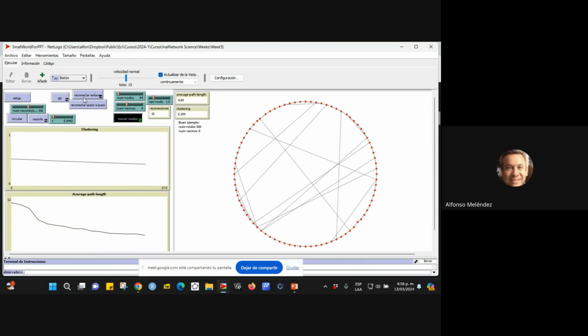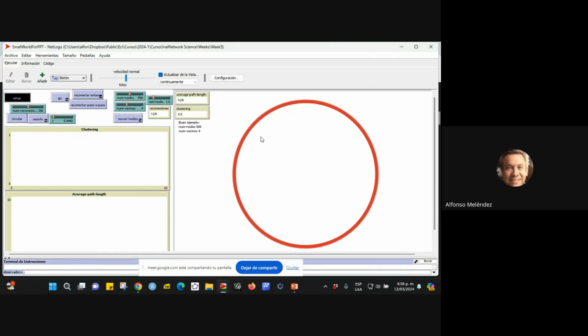Let me show you this example with 500 nodes, so you can see clearly the difference of what happened here. 500 nodes, clustering 0.5. Look, average path length 62.88.